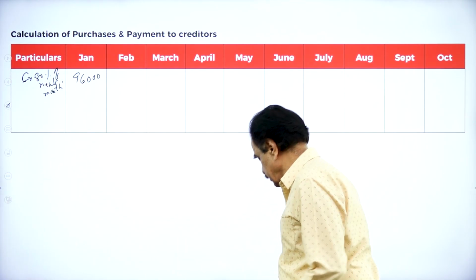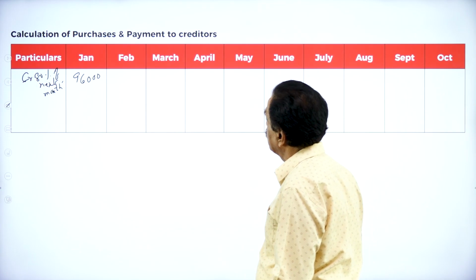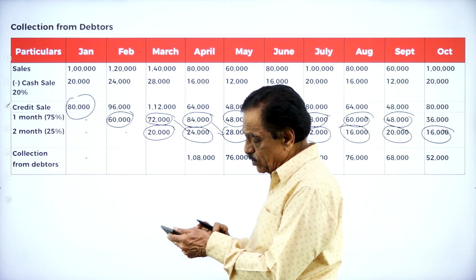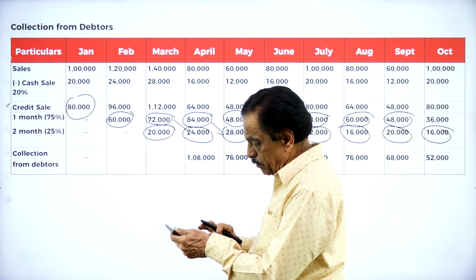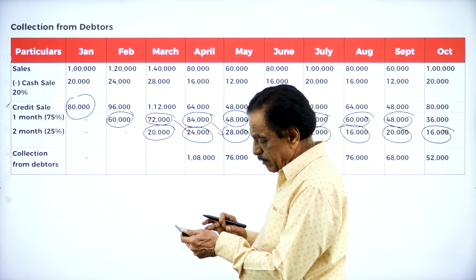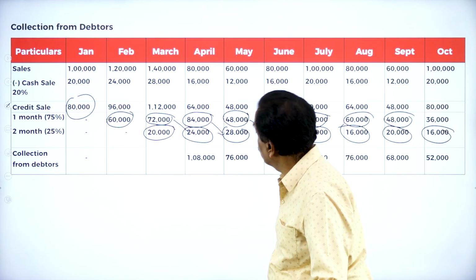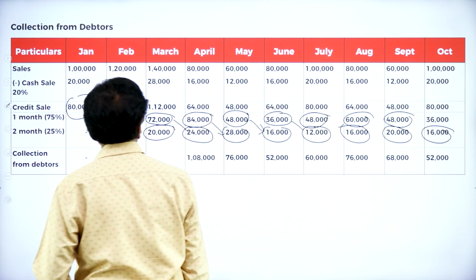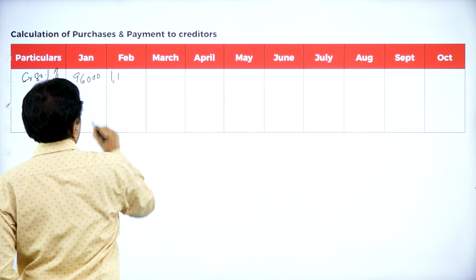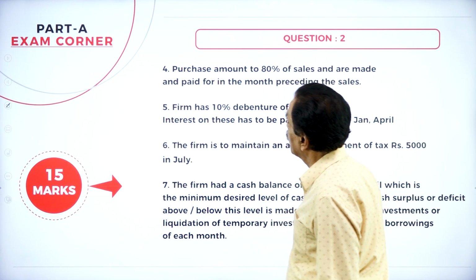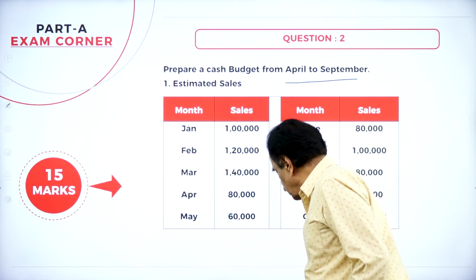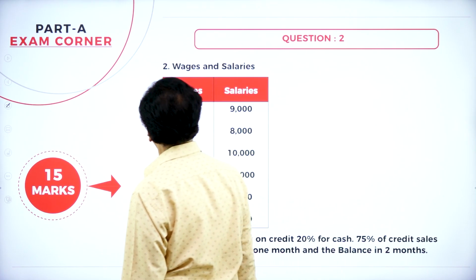March sale is 1,40,000, 140 followed by 3 zeros, into 80 divided by 100. So 1,12,000. So it will go to the next month, February. How much will come? So 1,40,000 becomes 1,12,000.